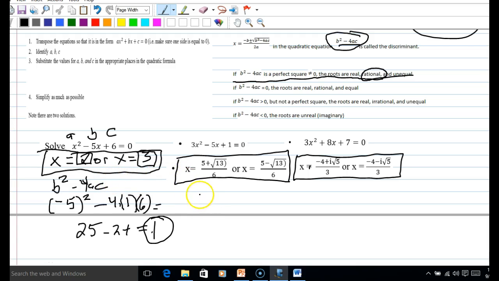Now let's look at the second example. We have b squared minus 4ac. a is 3, b is minus 5, and c is 1.